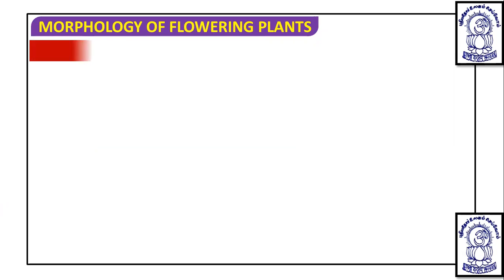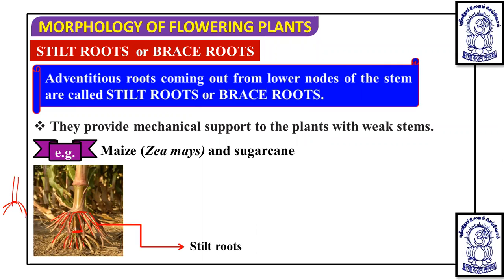So the function of the stilt root is also mechanical support. The scientific name of maize is Zea mays, that you know. Apart from this, stilt roots are also found in Pandanus, which is also known as screw pine.